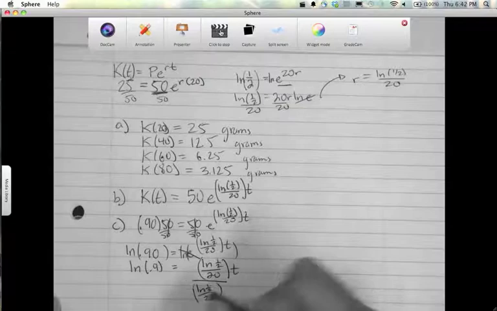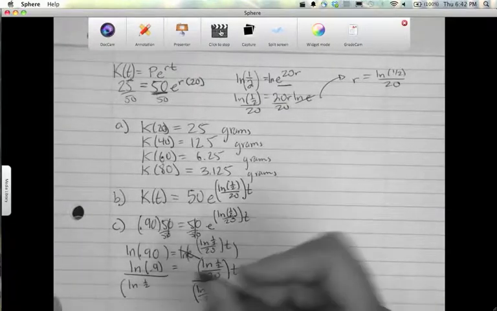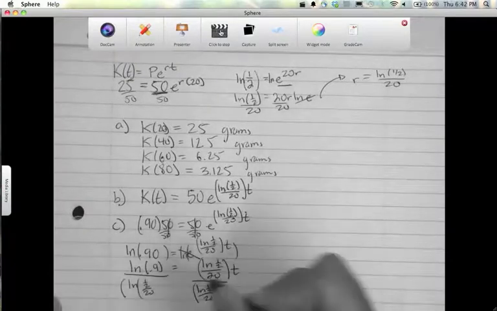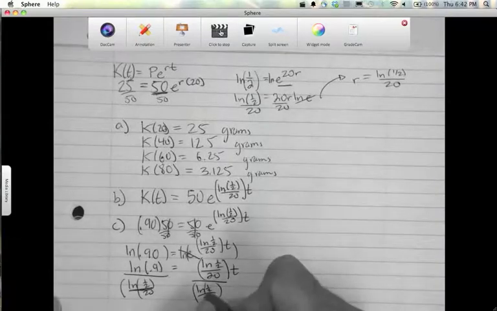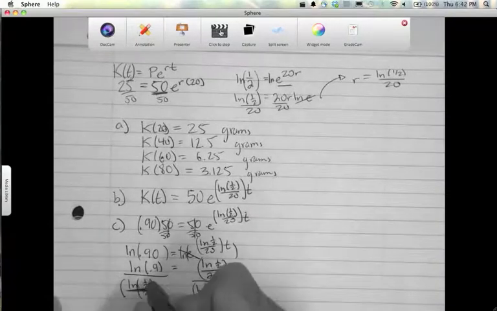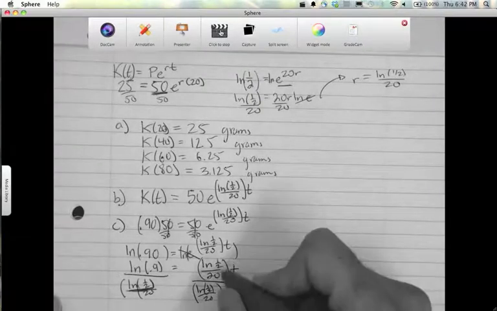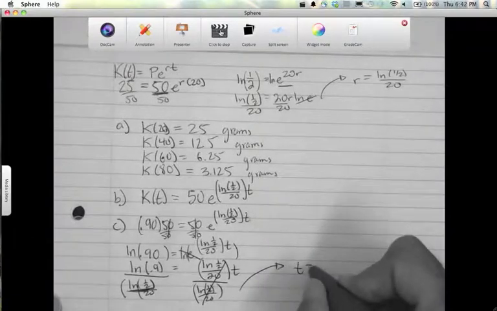Remember, that's the rate. Make sure that I have this right. ln of 1/2 over 20. That stuff cancels out.